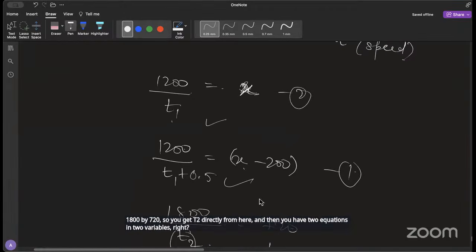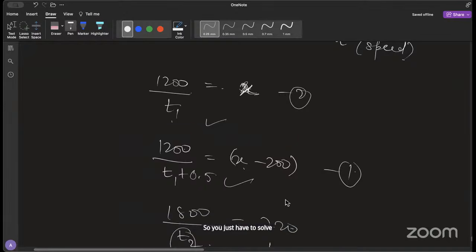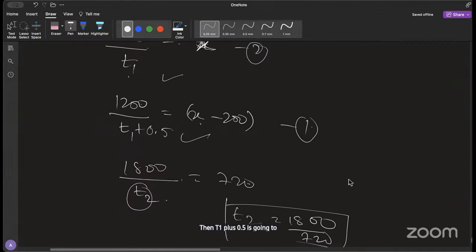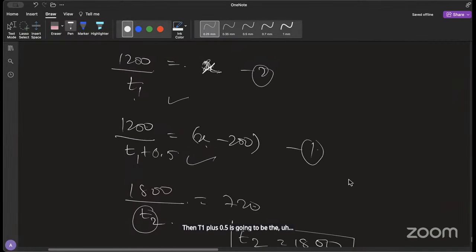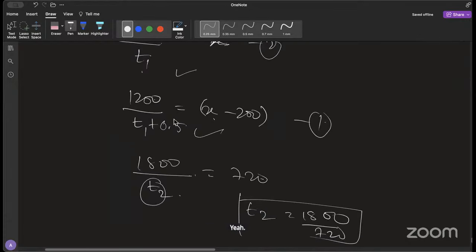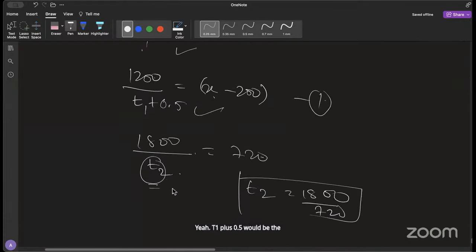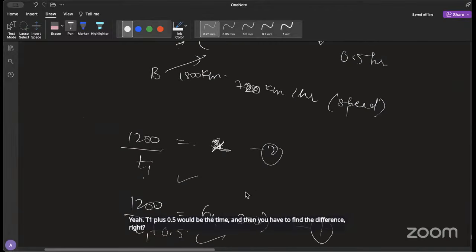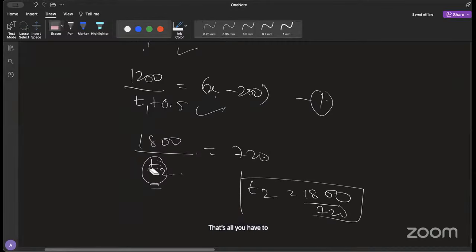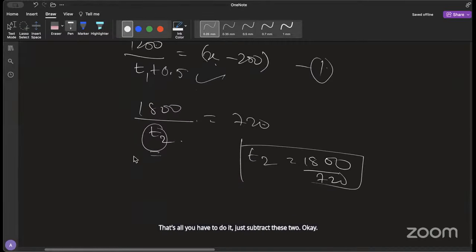So you just have to solve these. Then T1 plus 0.5 is going to be the person's time. T1 plus 0.5 would be the time, and then you have to find the difference, right? Who reached first, and how much difference? Yes, that's how you have to do it. Just subtract these two. Okay.